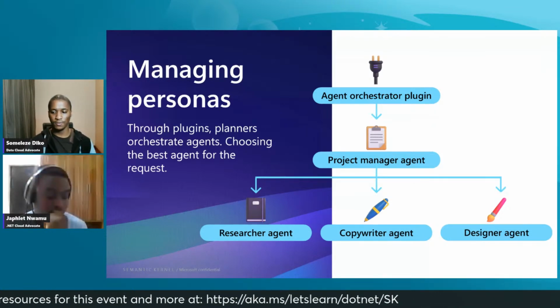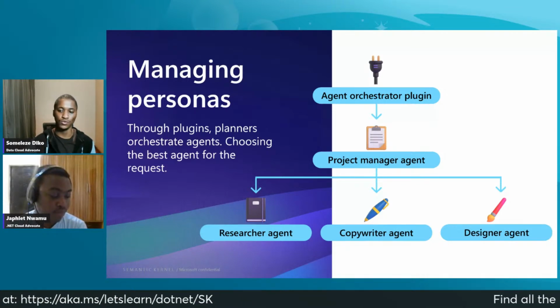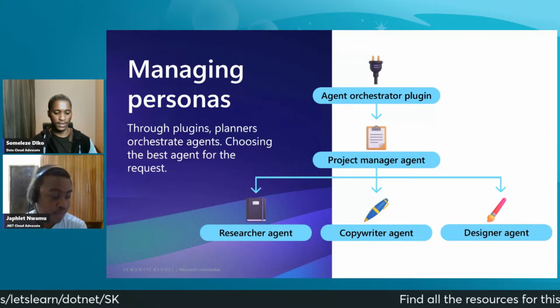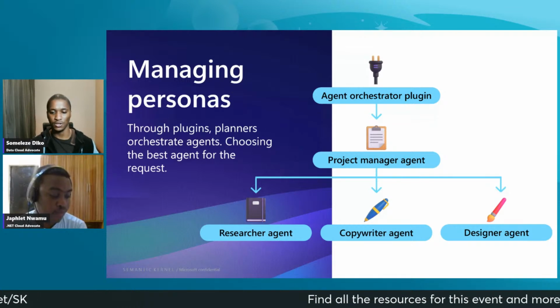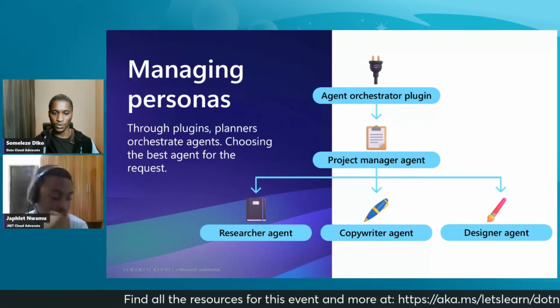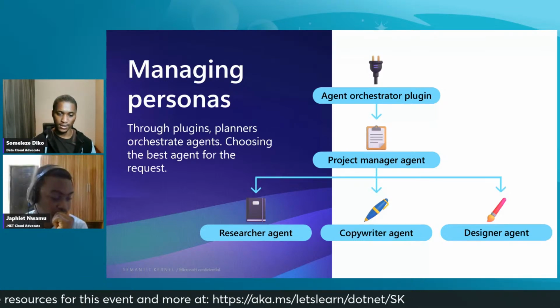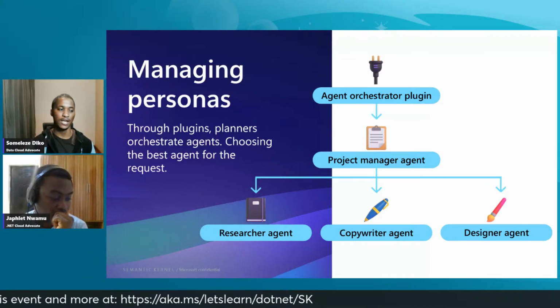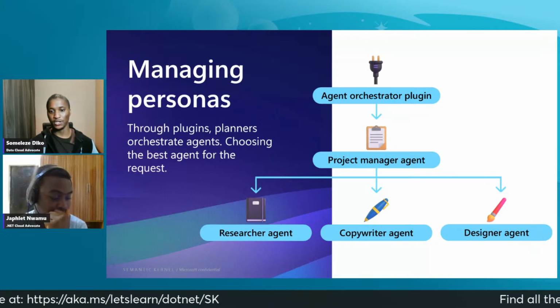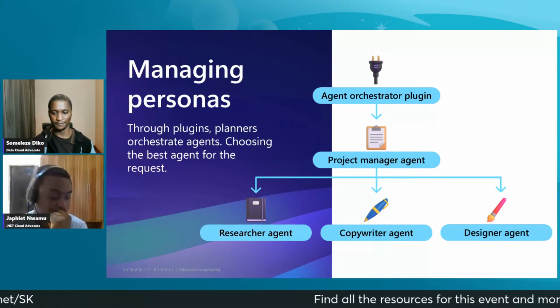So you need to have these different personas, these different agents, that will complete the variety of tasks that you have. I want to write that blog, so I'll need a researcher agent to research that specific topic, a copywriter agent for its specific task, and a designer agent, so that you can manage the personas for the intelligent application that you're building.